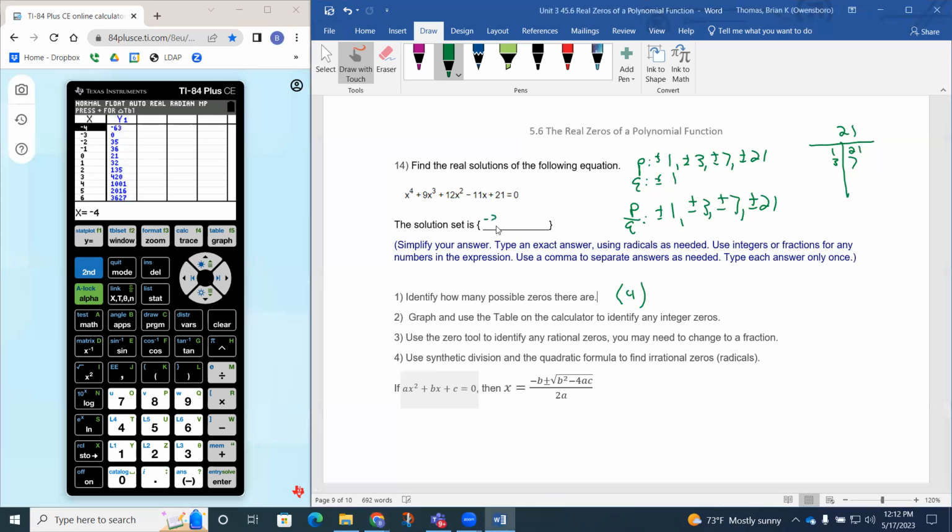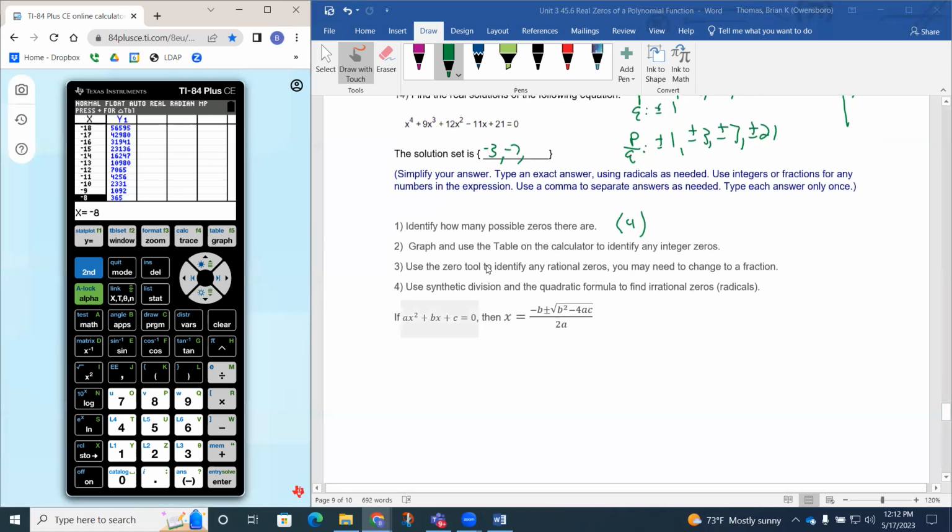So I found 1. -7 is a 0. Found another one. And any others there? So I don't see anything. So since we didn't find 4 zeros, what we can start doing is using synthetic division to start to break this down a little bit.